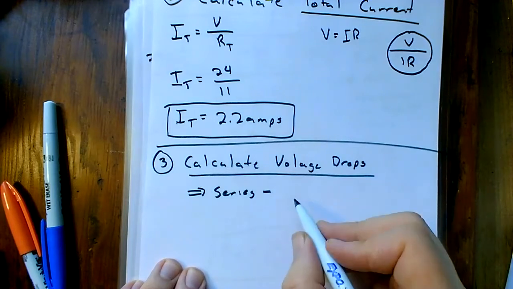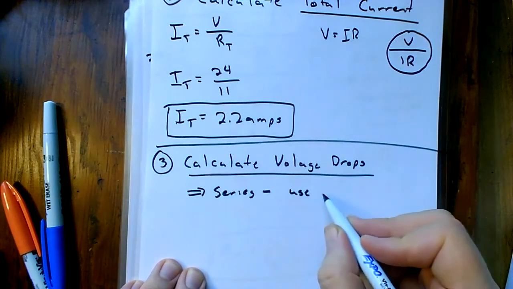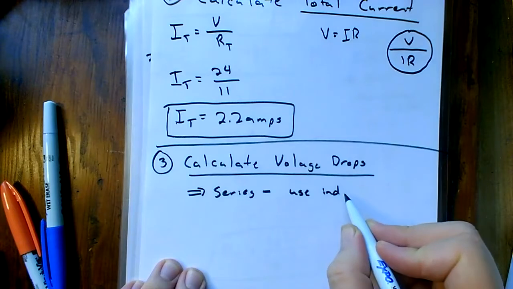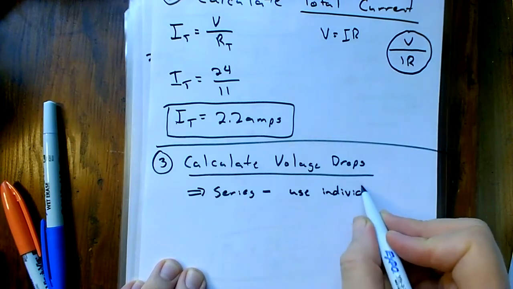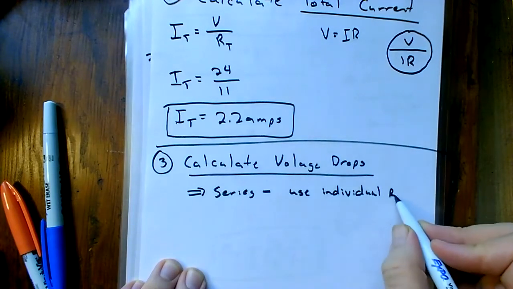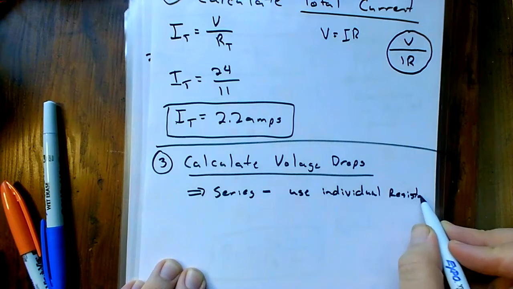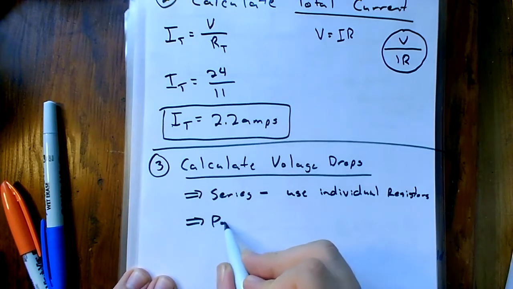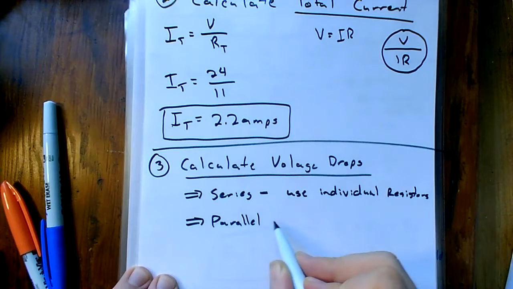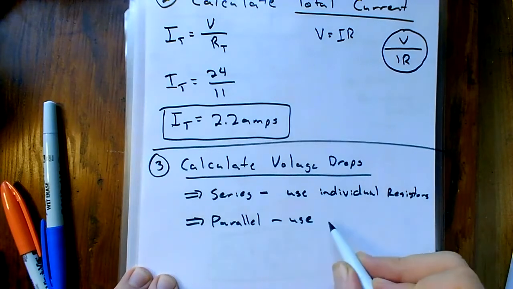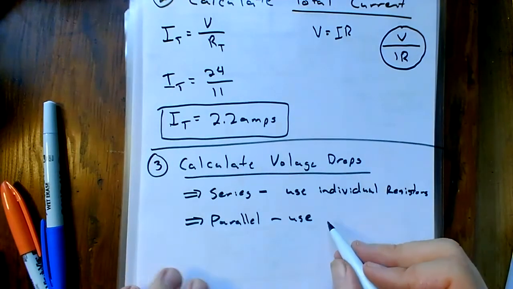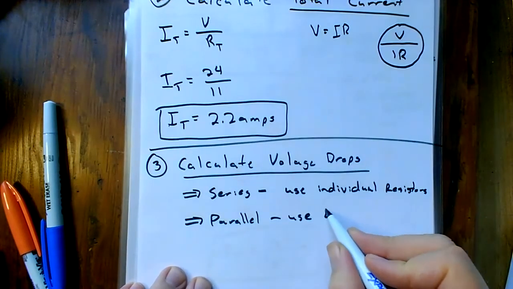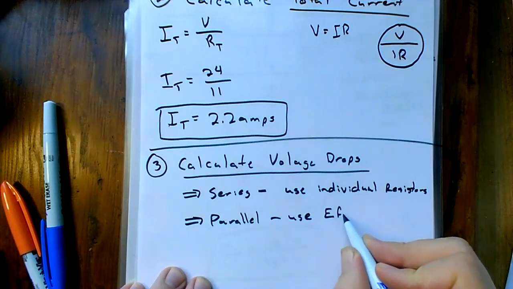We're just going to use the individual resistors. For things in parallel, we're going to use whatever that effective resistance across the parallel circuits are.